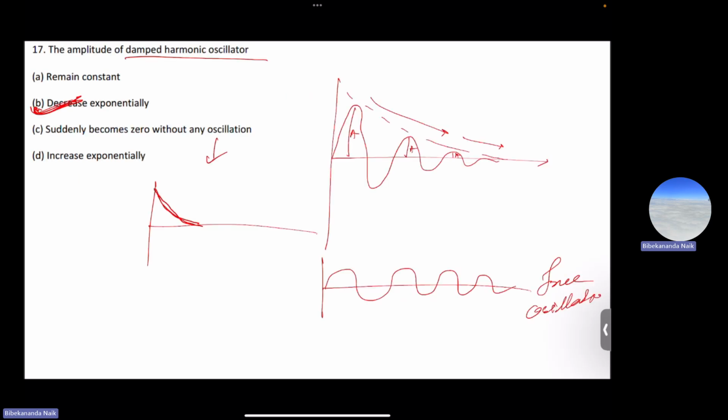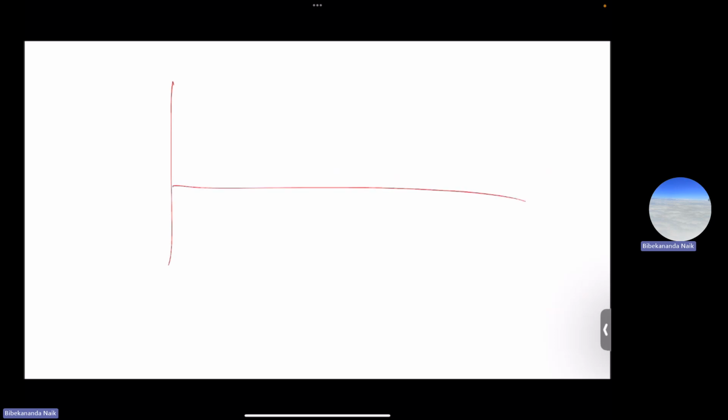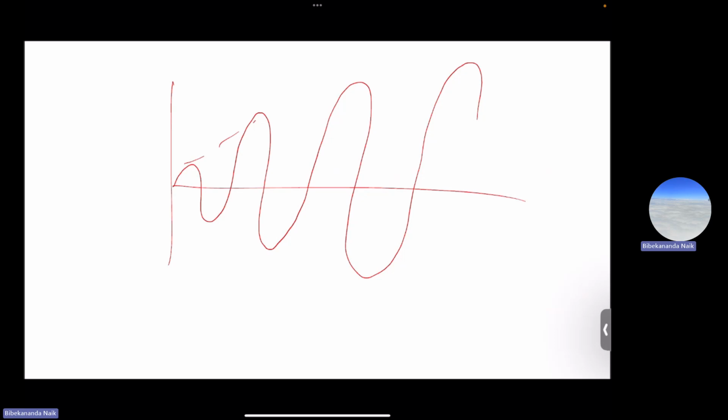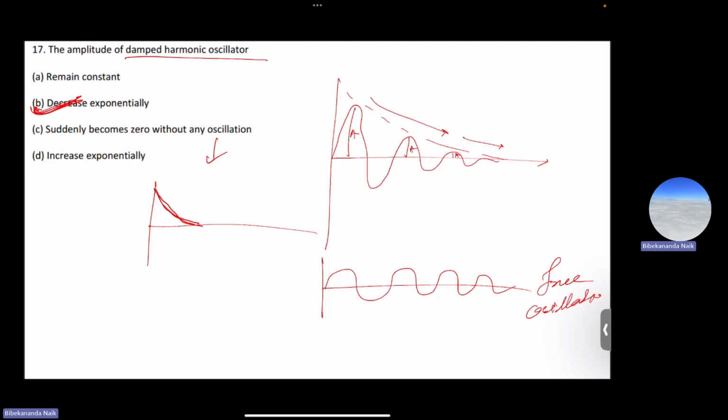Increases exponentially is generally found in case of resonance. In resonance, since it gains continuous energy from a source, its amplitude goes on increasing exponentially. So the correct option is option B. For a damped harmonic oscillator, its amplitude decreases exponentially.